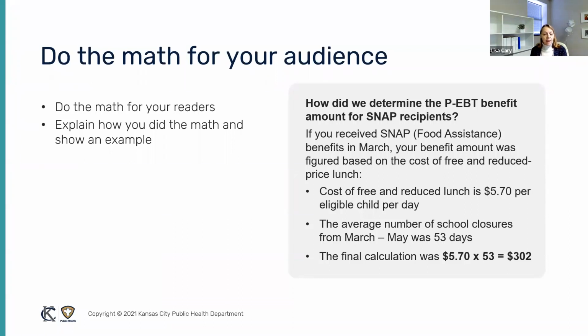On its website, the Missouri Family Support Division did a good job of showing how these PEBT benefit amounts were calculated. They showed the cost of free and reduced lunches multiplied by the average days of school closures in March through May and came up with the total number.